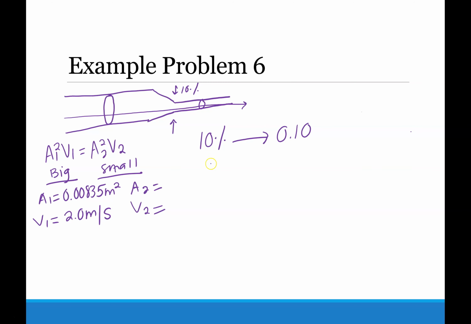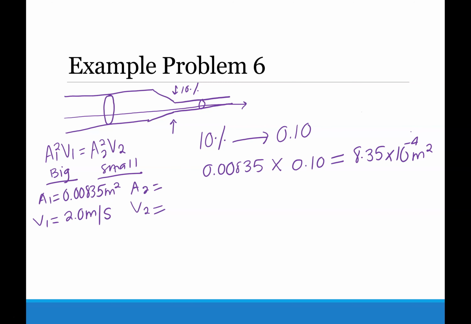So to take 10% of 0.00835, we'll have to multiply that by 0.10. So in your calculators, 0.00835 times 0.1 equals 8.35 times 10 to the minus 4th meters squared. So that is going to be 10% of 0.00835.